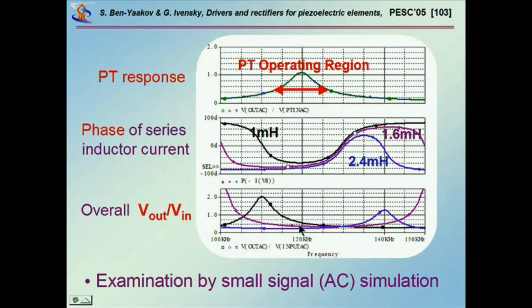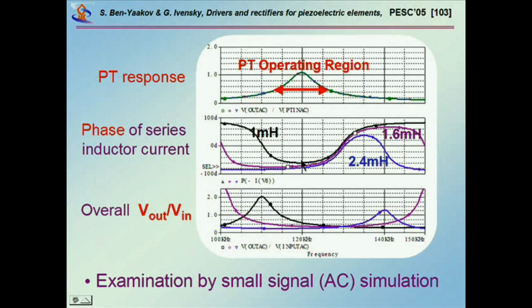This is not really a solution to the problem. This is just showing that there is a problem, and it is not a simple thing to find the optimal series inductor for the piezo transformer. As you'll see in most papers, people have been using a series inductor, they did it by trial and error, and that's what you end up actually doing, and you just select one.